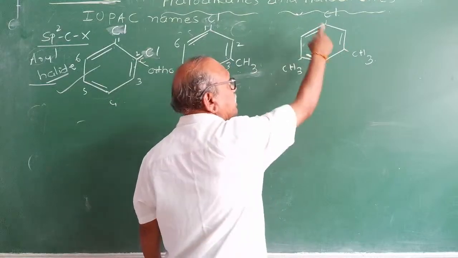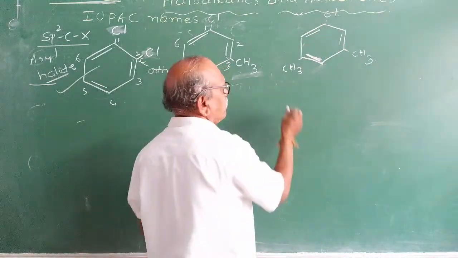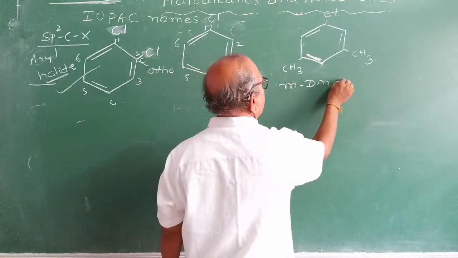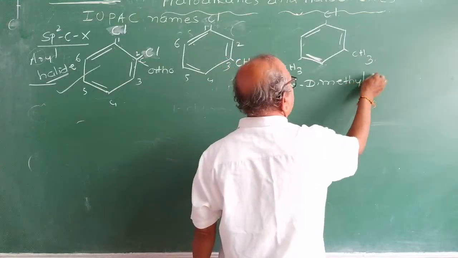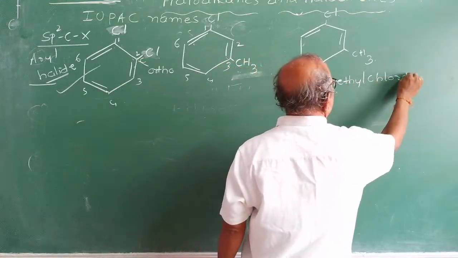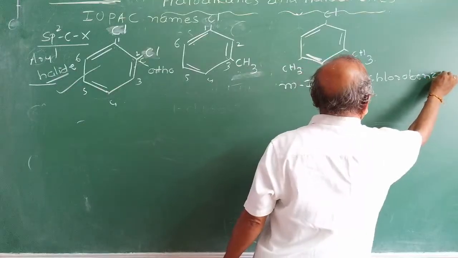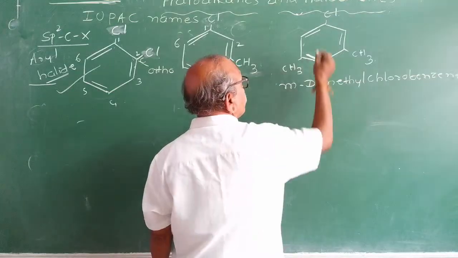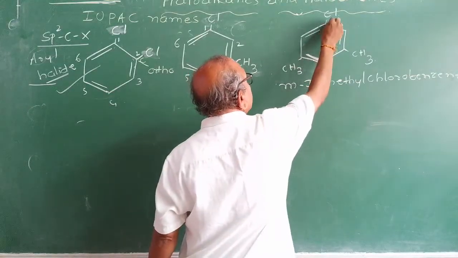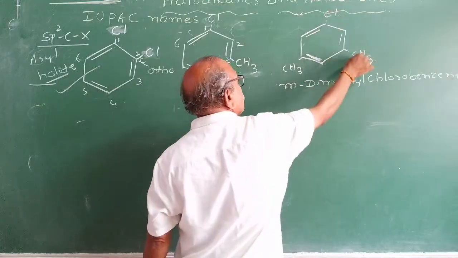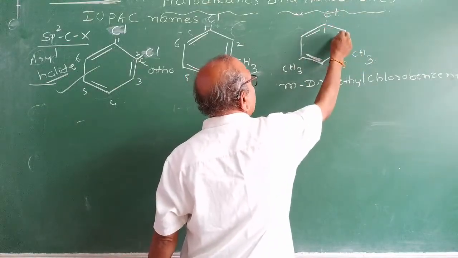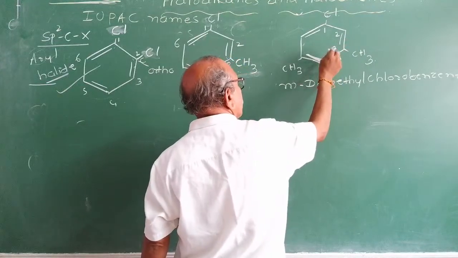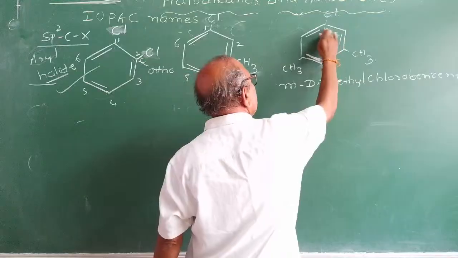Meta dimethyl chlorobenzene is the common name. If you start giving the IUPAC name, start numbering from the carbon atom in which chloro comes first. Therefore, you can name it as 1, 2, 3. Whenever a methyl group is present, wait.